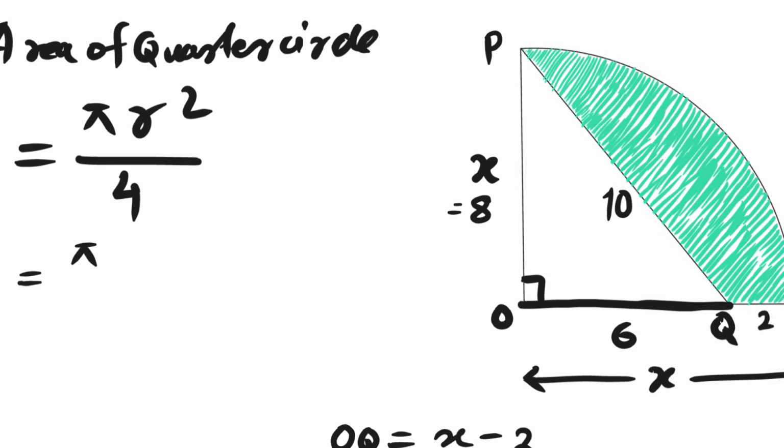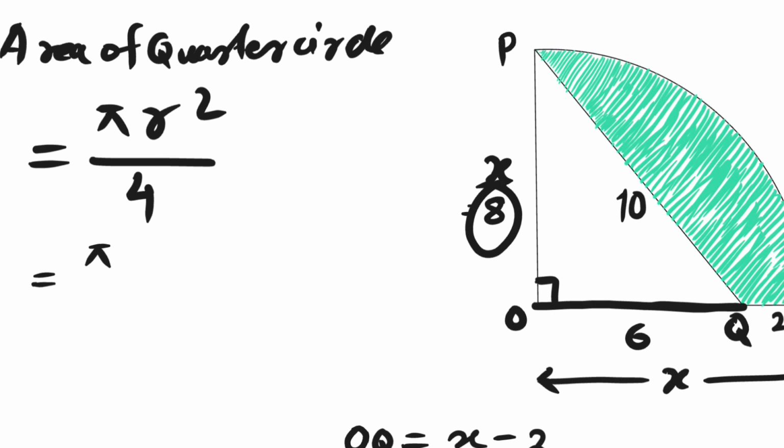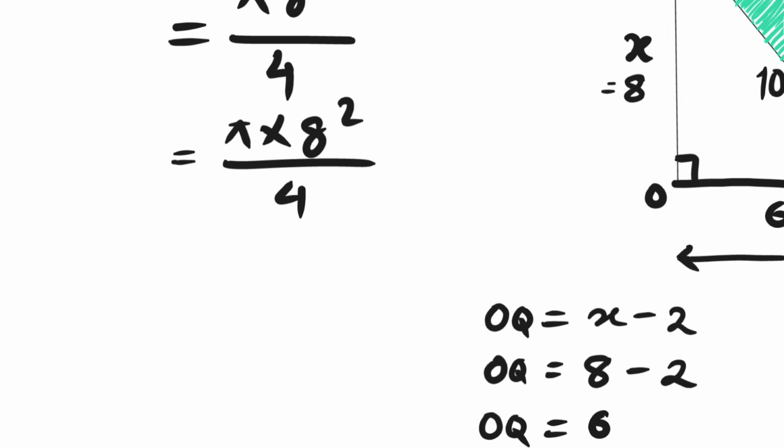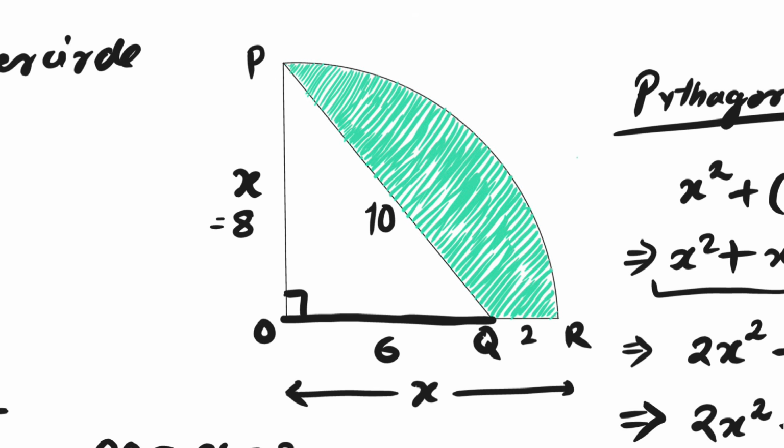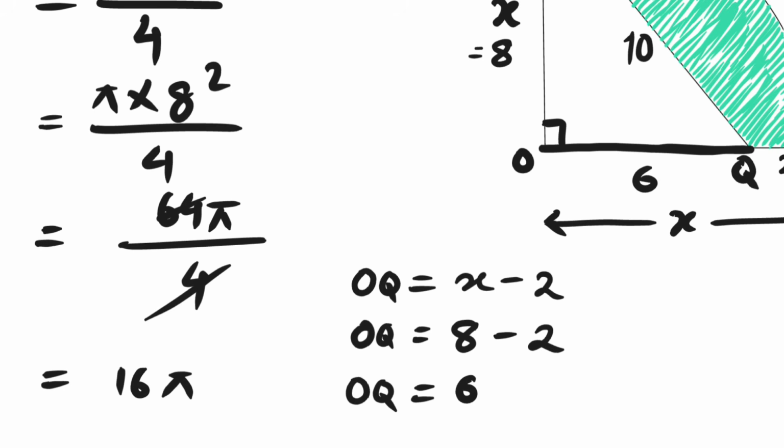Now, substitute r equals 8. We get pi times 8 squared divided by 4. 8 squared is 64, so this becomes 64 pi divided by 4. Simplifying gives 16 pi. Therefore, the area of the quarter circle is 16 pi square units.